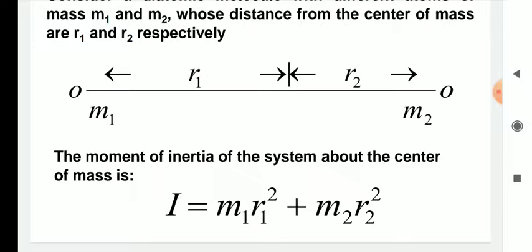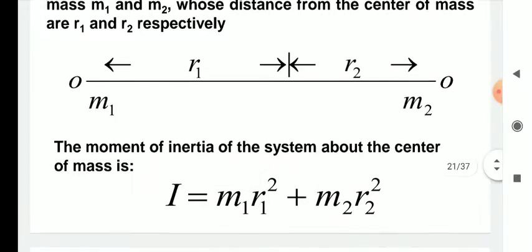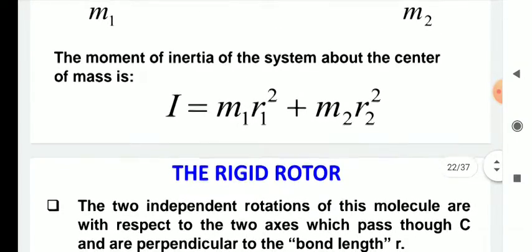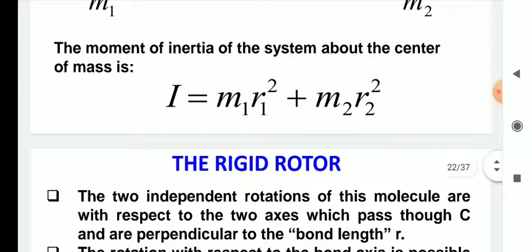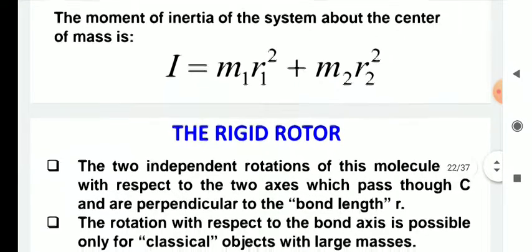The moment of inertia of this diatomic molecule about the given axis passing through the center of mass is given by I is equal to m1 r1 square plus m2 r2 square.